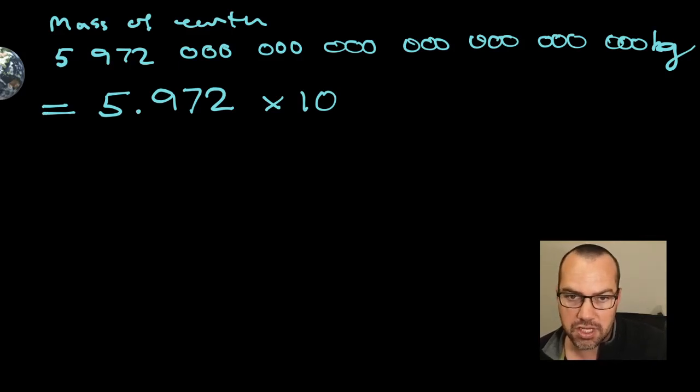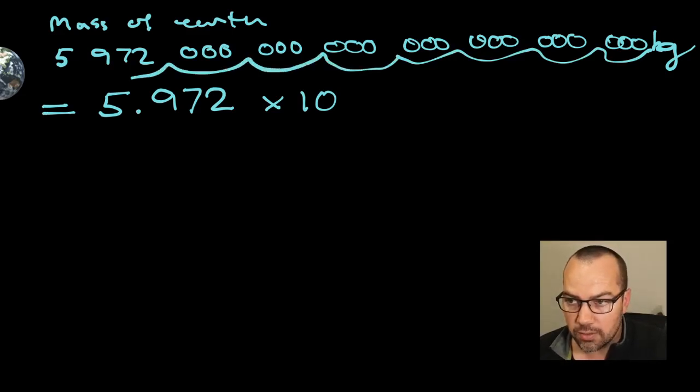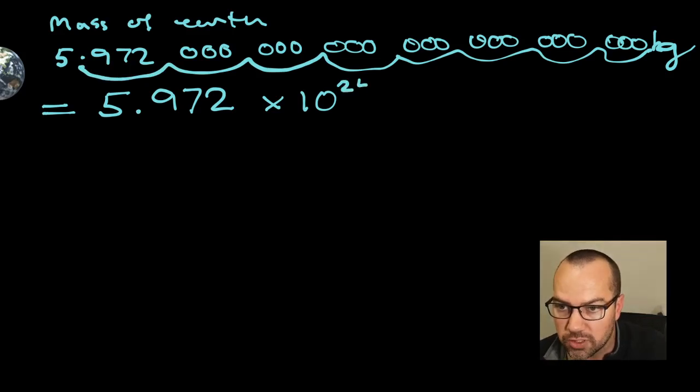So if I was to jump my decimal place, I'm going to count by 3s because that's how my number is organized. Skip counting by 3s: 3, 6, 9, 12, 15, 18, 21, one more, 24. So the mass of the Earth is 5.972 times 10 to the power 24 kilograms.